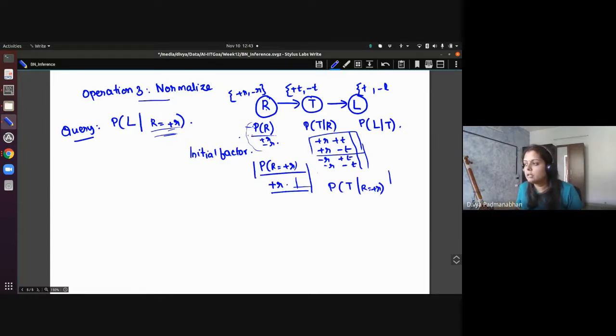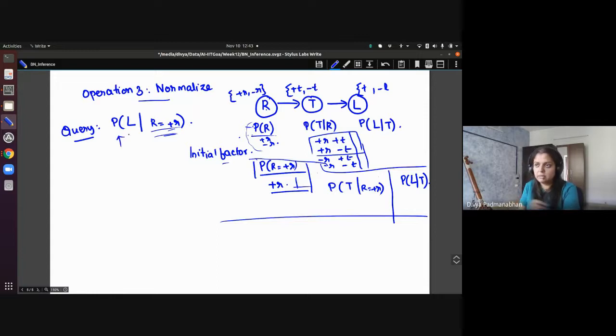And for the factor L given T, you keep everything, because there's no dependency on R, no R coming in any of these paths. So this factor remains as such. These are the new initial factors that you will consider for solving this query.